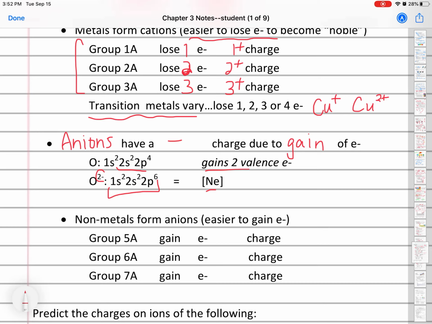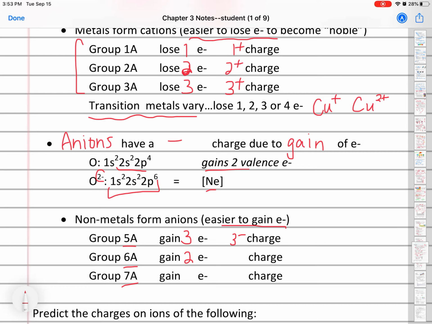And since nonmetals are close to being full, they have 5, 6, or 7 valence electrons, it's easier for them to gain electrons and become anions than it is to lose electrons. So in group 5A, they're really close. They need to gain 3 electrons, and then they will have a 3- charge.